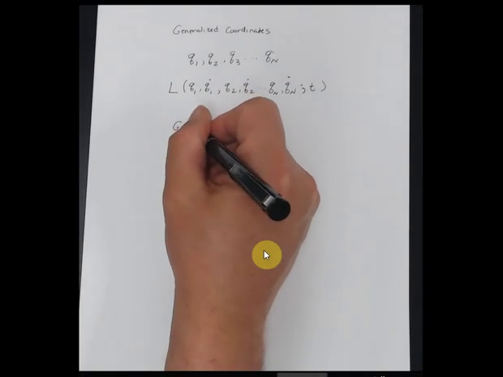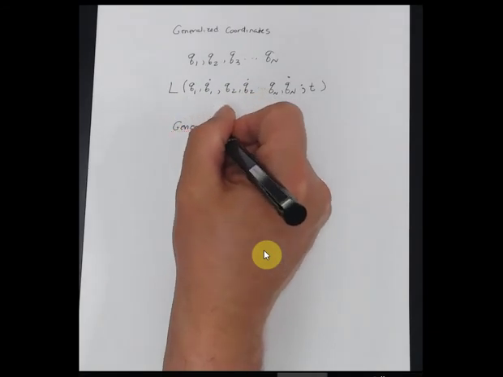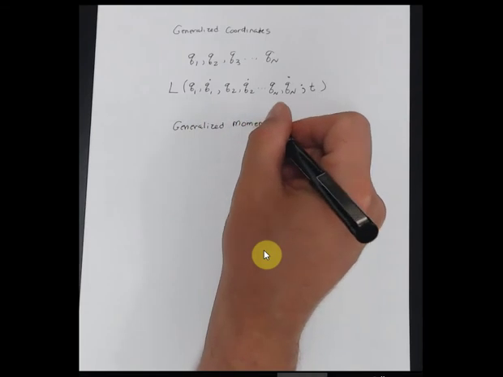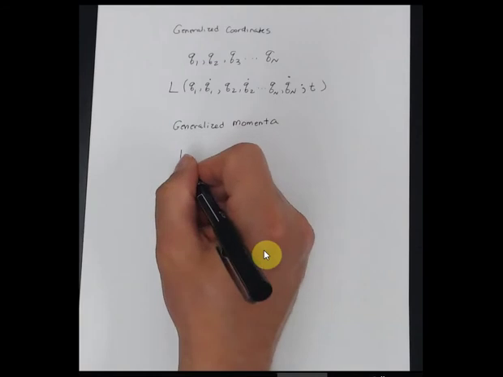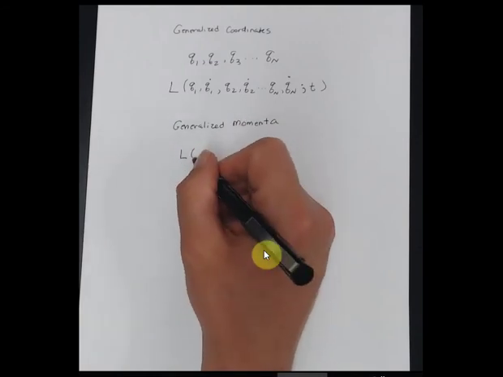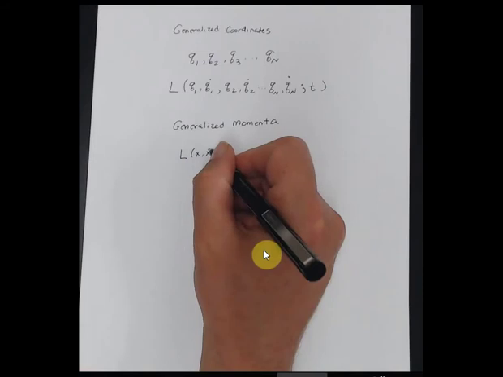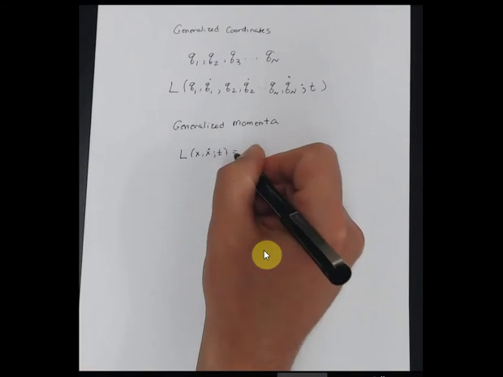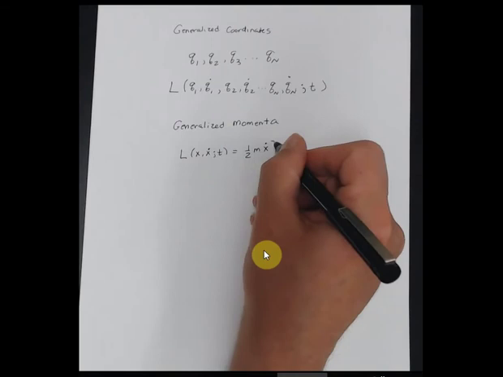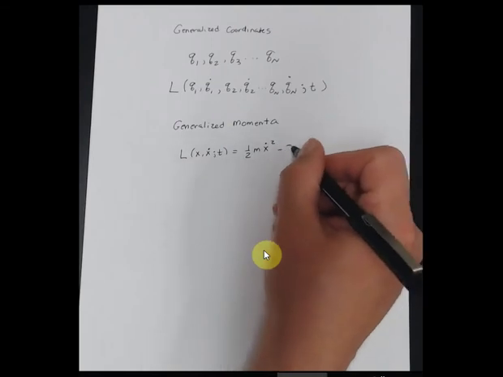Okay, let's talk quickly about generalized momenta. Notice that, let's say in our Cartesian coordinate system, we write our Lagrangian like this: L equals 1/2 m x dot squared, that's the kinetic energy, minus some potential energy.